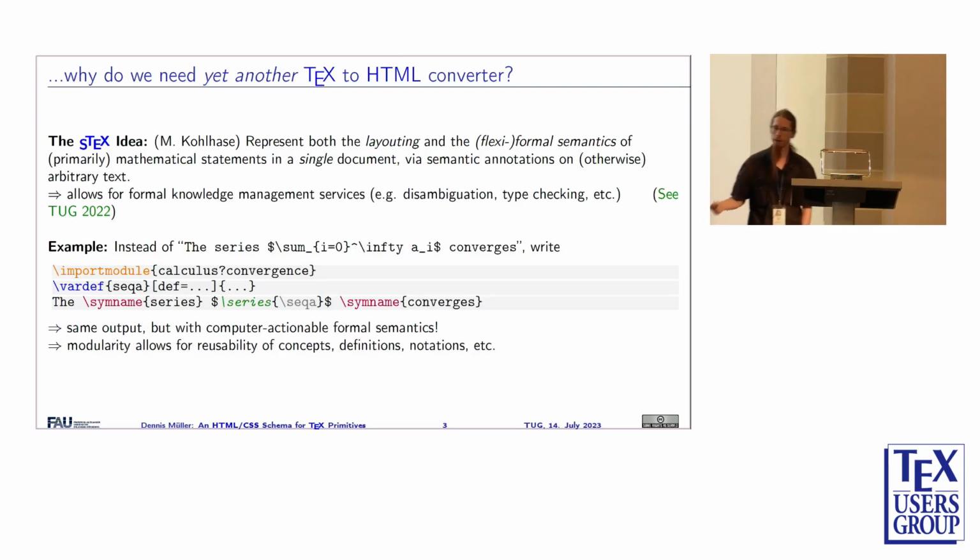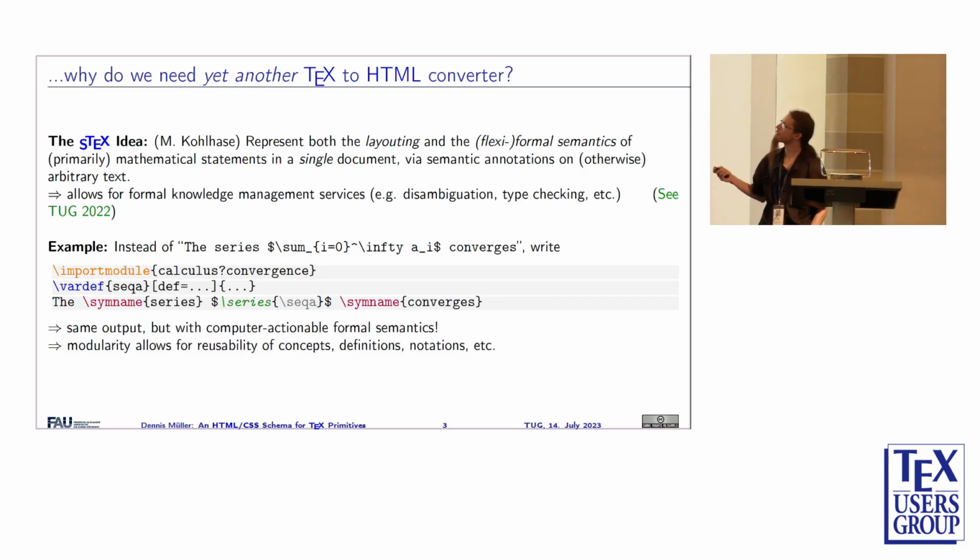Then ideally, what that allows for is that we have both a human-oriented document and a machine-oriented representation of the semantics, which we then can have various knowledge management techniques act on for additional services, such as disambiguating symbols, interlinking them, linking them to definitions, giving you exercises, examples for various things, up to type checking, or in some ideal world, even interactive theorem proving at some point.